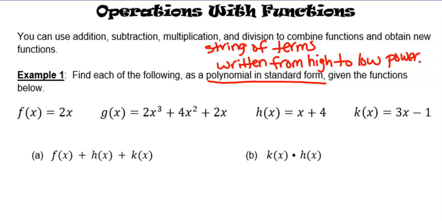So if you look at the functions listed in example 1, all of them are polynomials. It's a string of terms with addition or subtraction written from highest to low power.